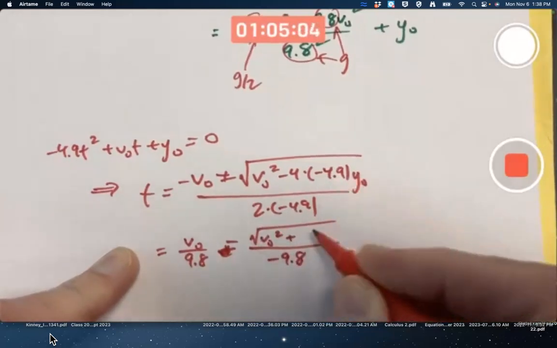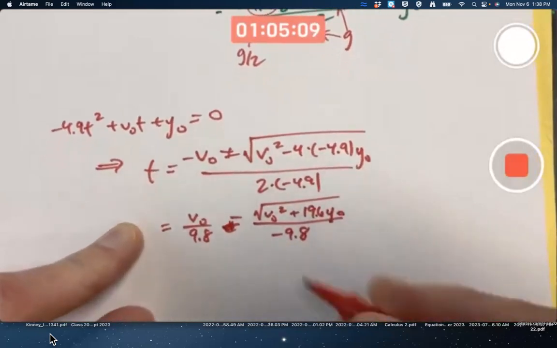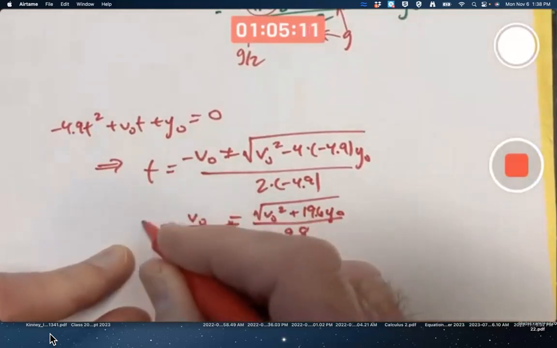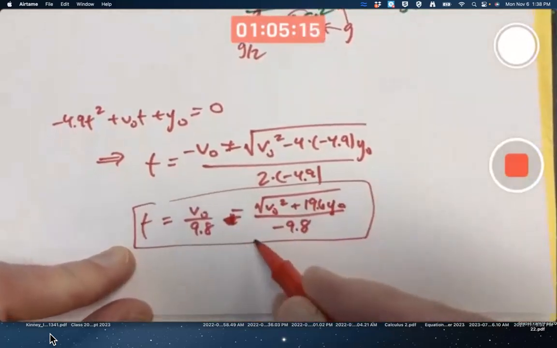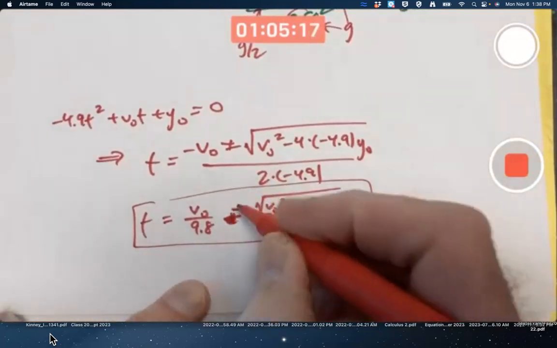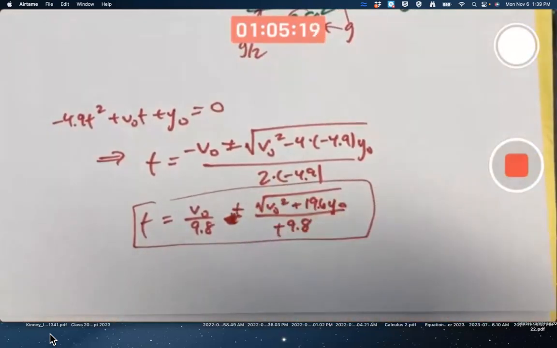If I do that multiplication, I get 19.6. Anyway, that'll be the location of the positive root of this thing. Two minuses make a plus here. Those negatives can cancel. I guess I will go ahead and cancel them. That would be the positive root. That would be the time that it hits the ground.